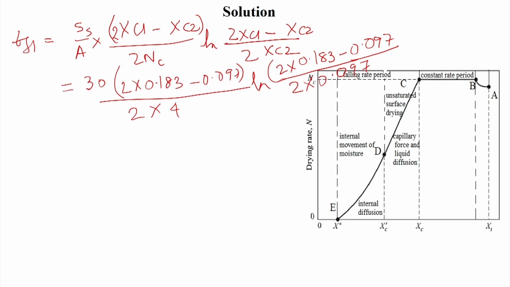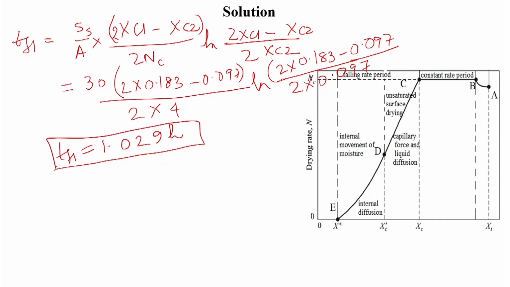So, it is coming out as 1.029 hour. So, the first falling rate time is 1.029 hour.